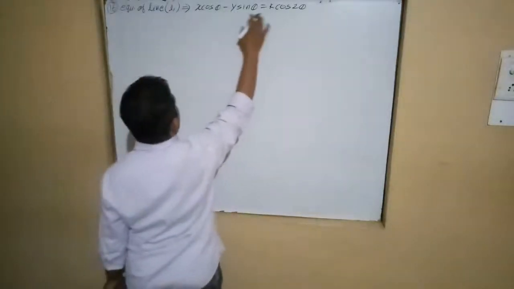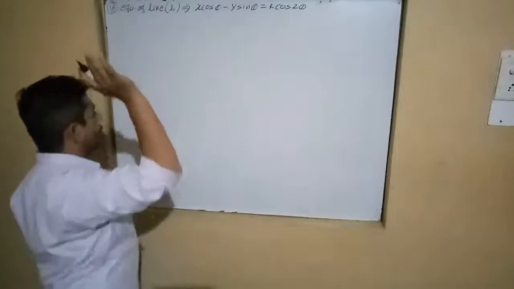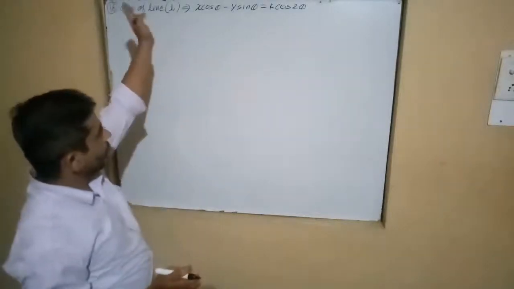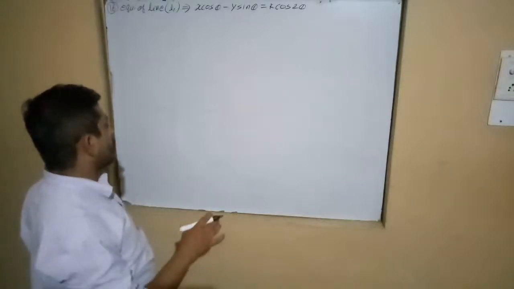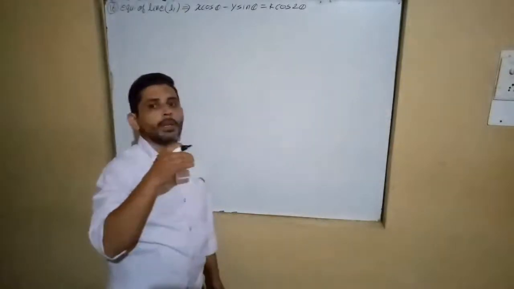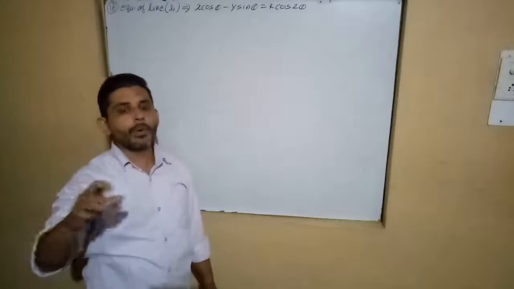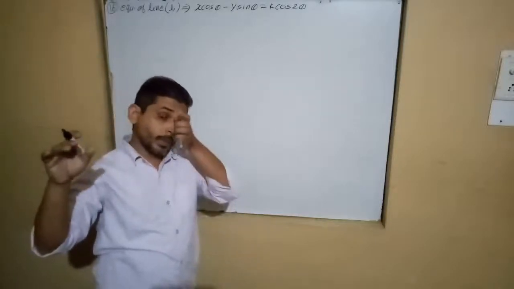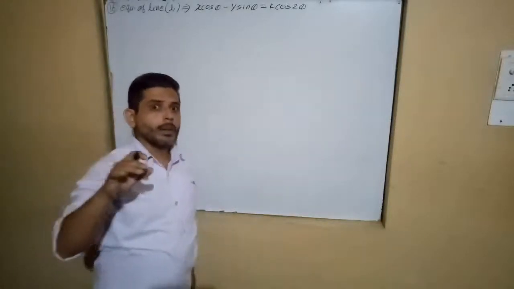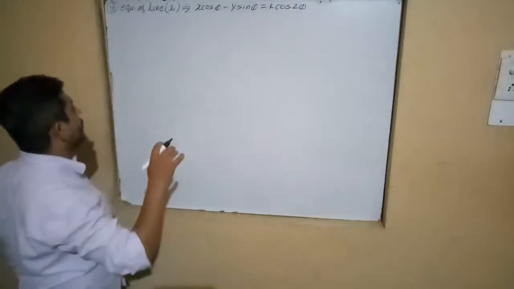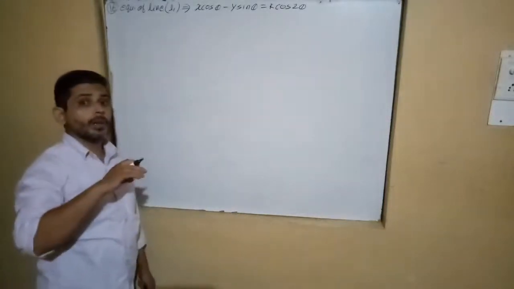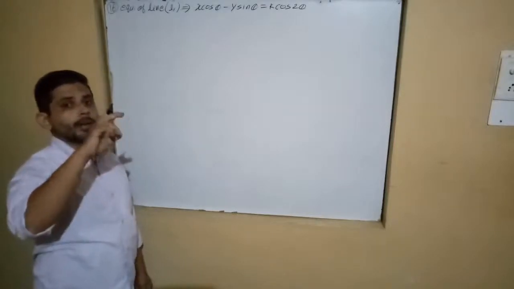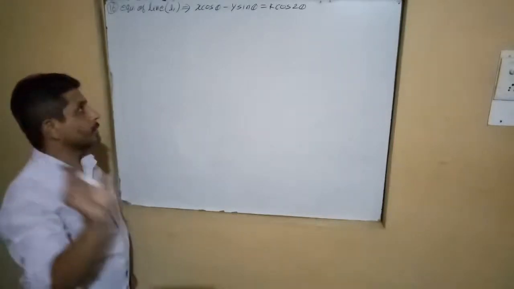When we find the distance of a line from a particular point, what is the formula? (ax1 plus by1 plus c) upon root of a square plus b square. And when we find the distance of a line from the origin, what is the formula? What did we write? Modulus of c upon root of a square plus b square.